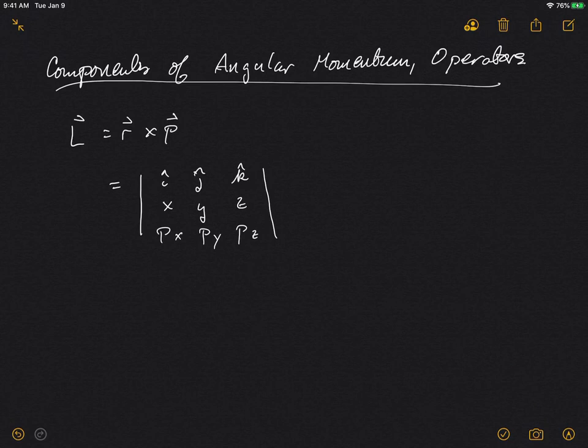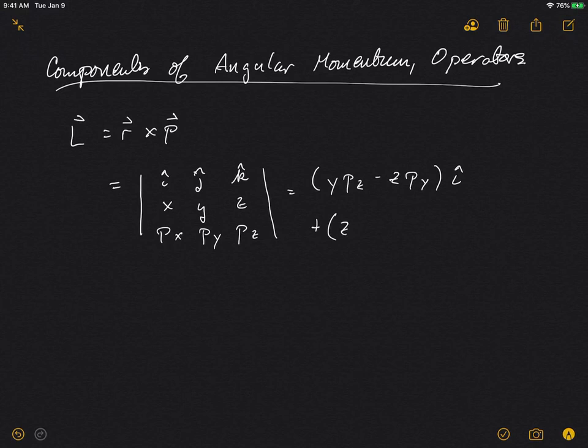And so that's going to be equal to (y p_z minus z p_y) multiplied by our i unit vector, plus (z p_x minus x p_z) times j.